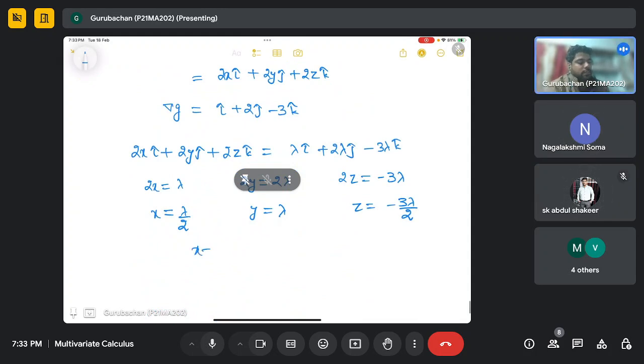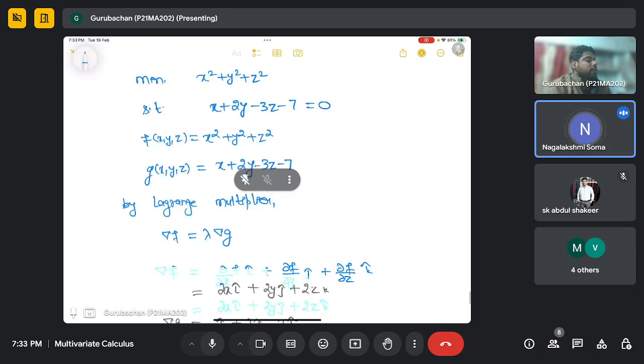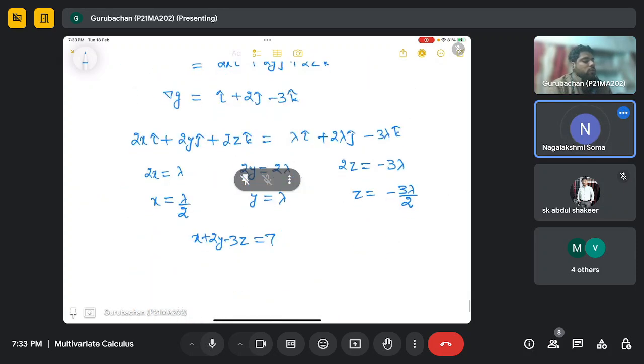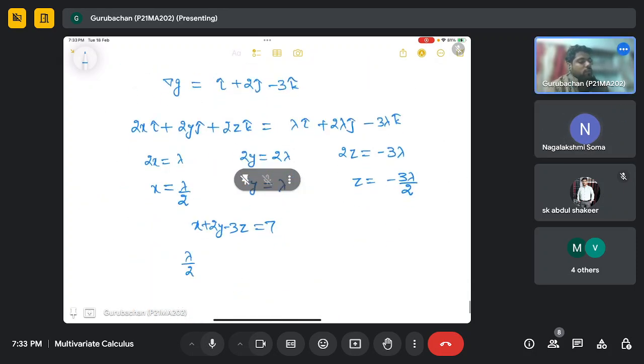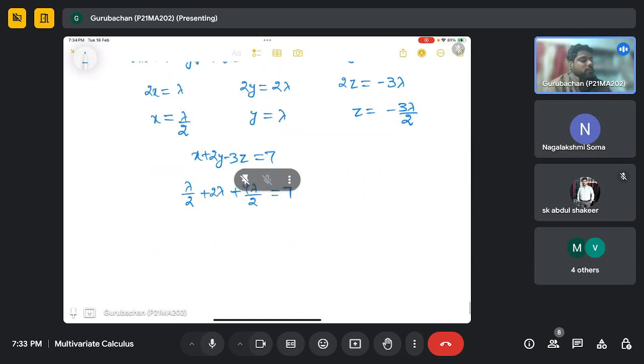So we have given x plus 2y minus 3z equal to 7, right? So we substitute: lambda by 2 plus 2 lambda plus 9 lambda by 2 is equal to 7.